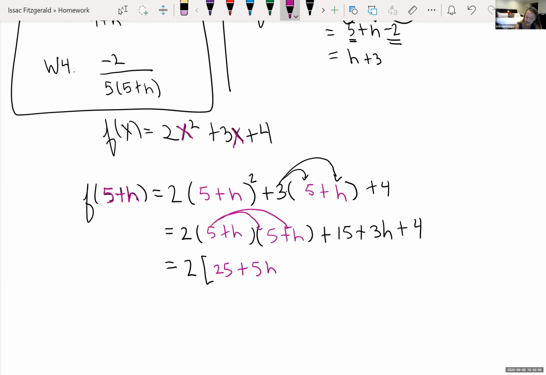Then distribute the h to each term, so h times 5 is plus 5h, and h times h gives us plus h squared. So let's end our bracket, plus 15 plus 3h plus 4.